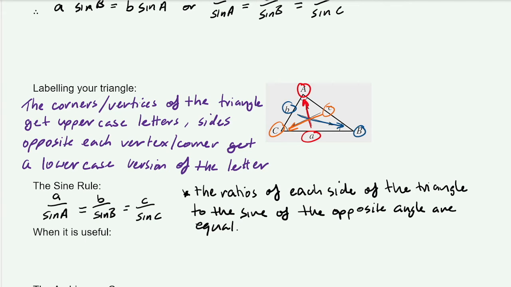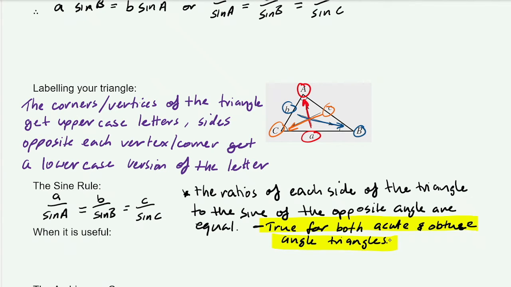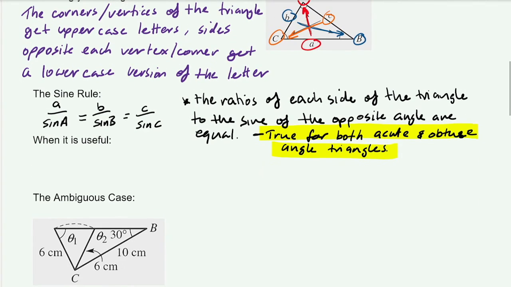That's what it's doing, and this will be true for both acute angled triangles and obtuse angled triangles. So this will happen no matter what. It works for all of them. When is this going to be useful? Well, it's very useful to find things out when you only have the sides of one angle.